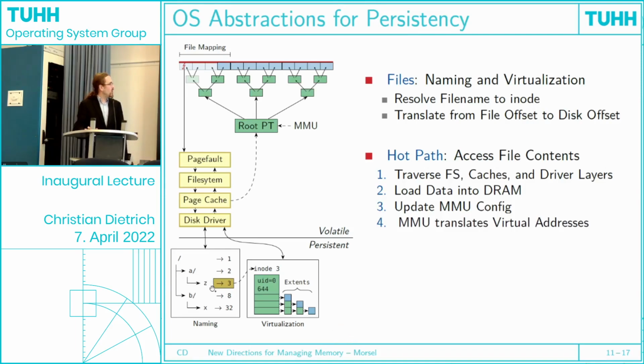So within our operating system, there's some kind of index structure that maps the file name /a/z to an identifier of the object. And the object, we call them inodes in operating system terms, is then the actual holder of this persistent memory.